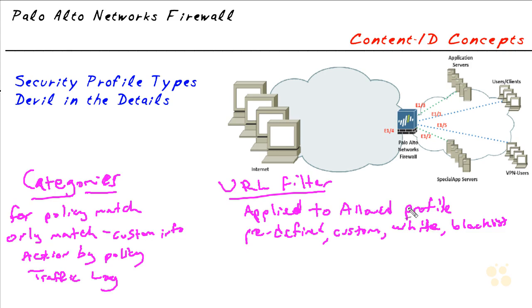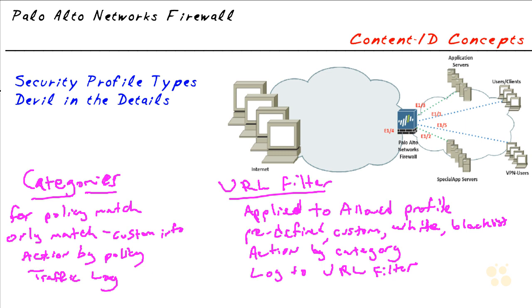So all sorts of information that I have there. My actions on here are actually per category, so not just for the entire policy. And there's a separate log. There's a URL filter log. So a lot more control, a lot more separation. Separation is probably a better word. A lot more separation to doing it with the URL filter.